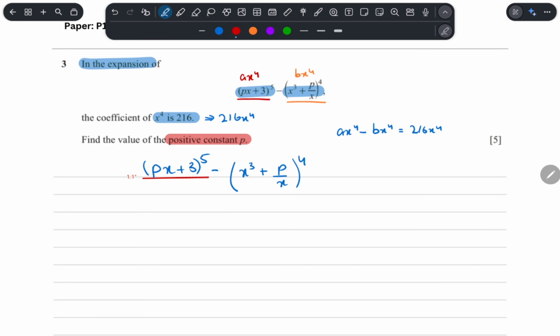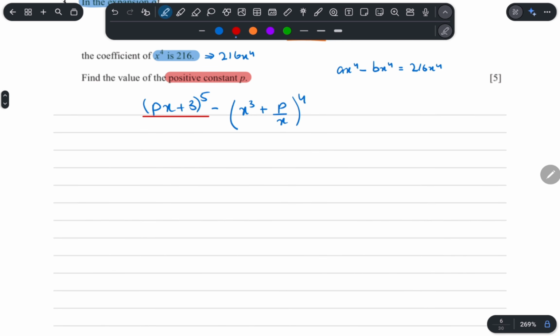Let's expand this side first. So this is (px + 3)^5. Now we can assume that for this part, the r value will be the same as the n value.